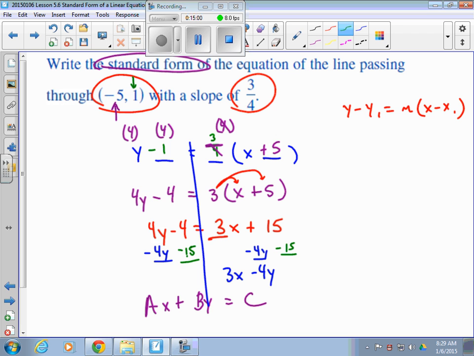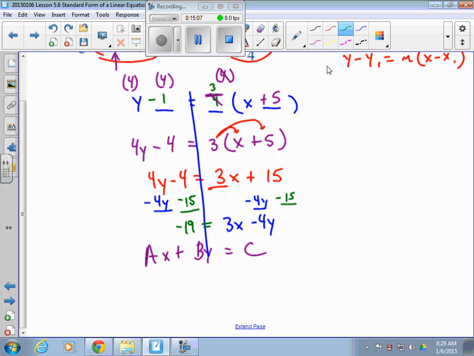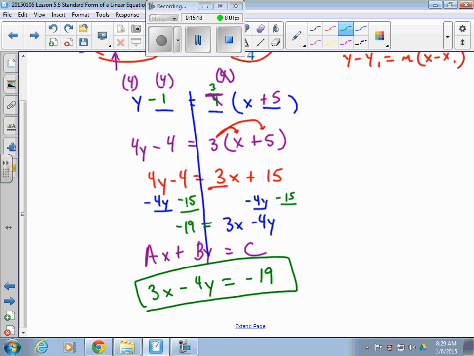Negative 4 minus 15 is negative 19. So I know this is backwards, but it says ax plus by equals c. 3x minus 4y equals negative 19 is your standard form. And we'll pick up with example number 2 tomorrow.